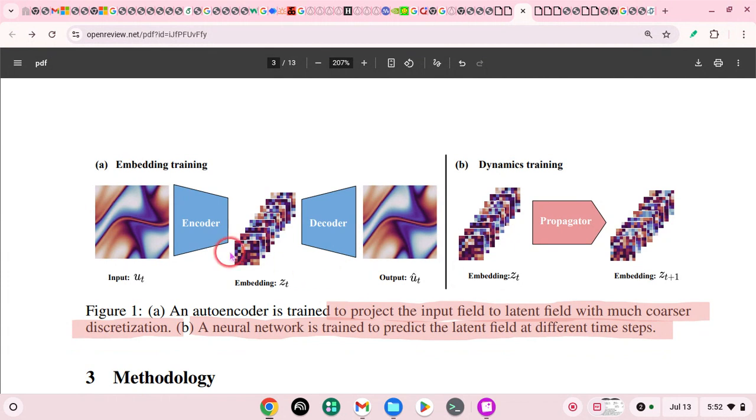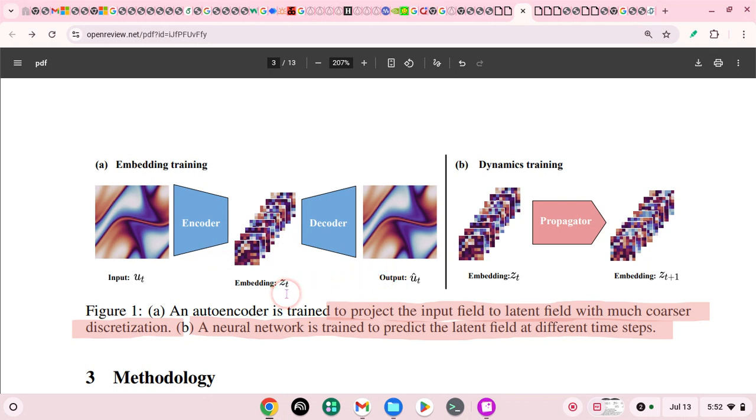In the first stage, they build an encoder-decoder model. This is the full high fidelity data, the PDE state, and the encoder tries to project it into a low dimensional space, the unknown latent space represented by Z_t. Once the encoder and decoder are trained enough to reproduce the input at the output, the error is minimized.